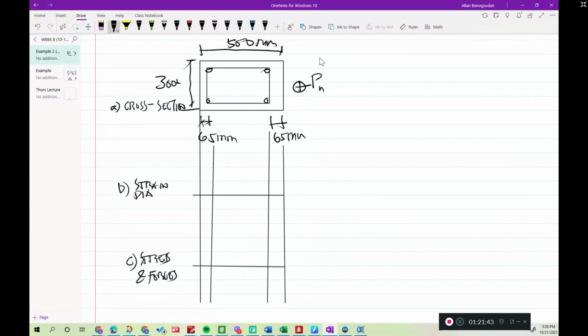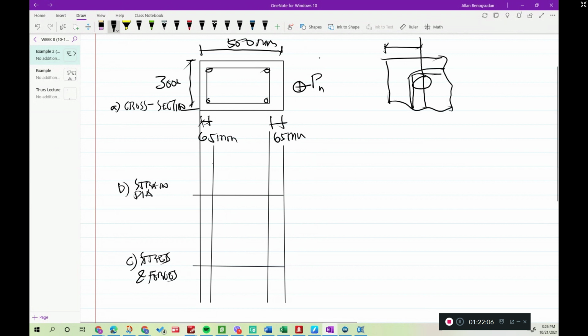Okay, that's a very good question. It's a centroid of the steel. 65 mm.